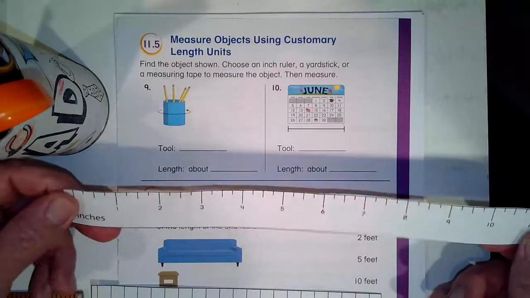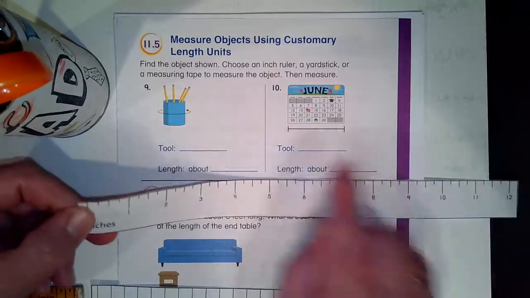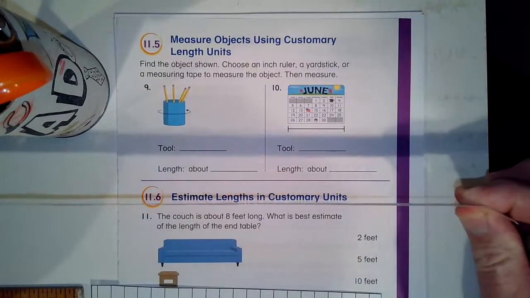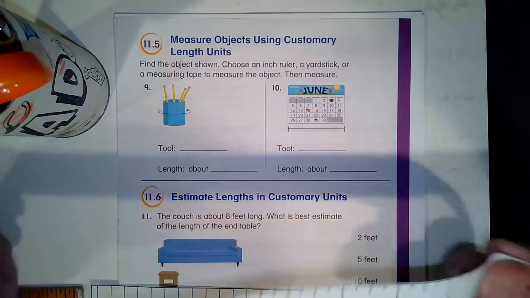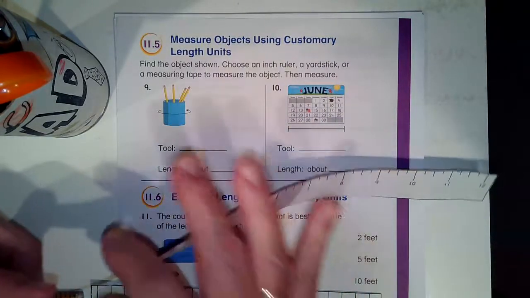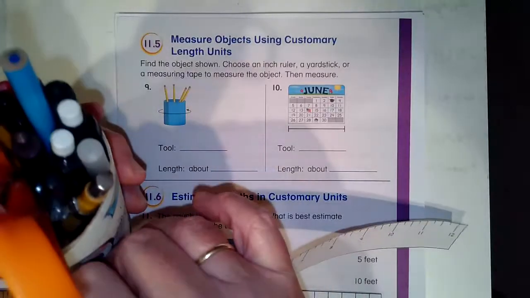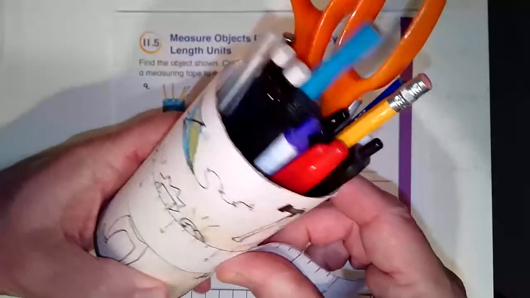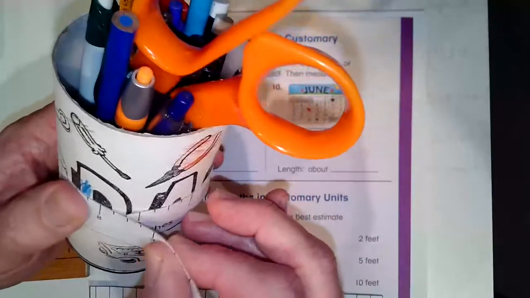But this is a pencil cup that I like to use, and I'm going to use this. We're going to measure not with an inch ruler that is hard and won't bend, but with a tape that will bend, right? So I'm going to treat this like a tape measure, and I'll wrap this around, hold it in place, and go all the way around, being careful not to spill out my things.